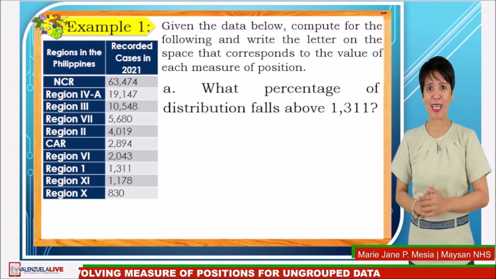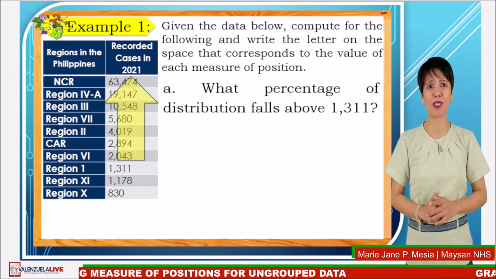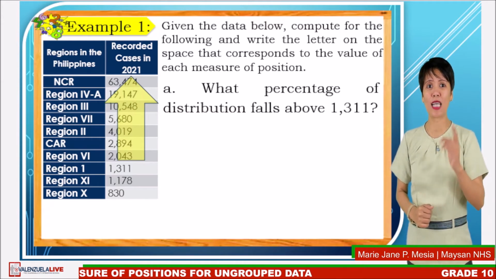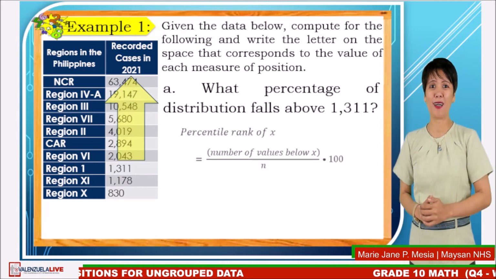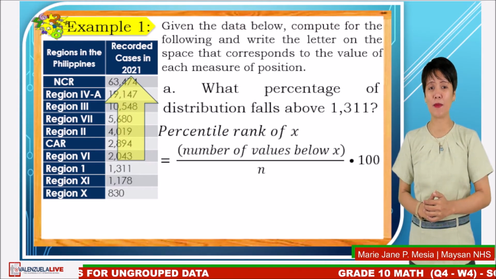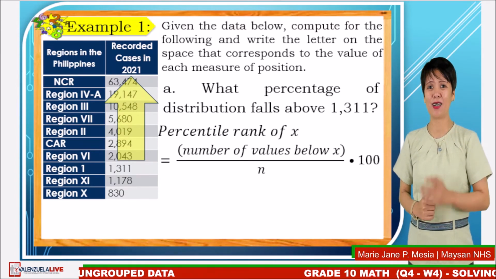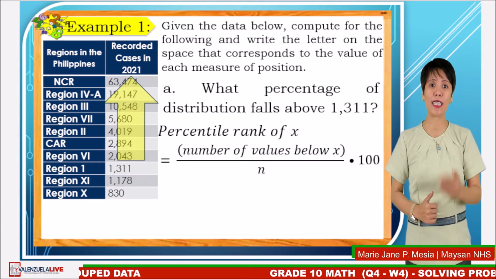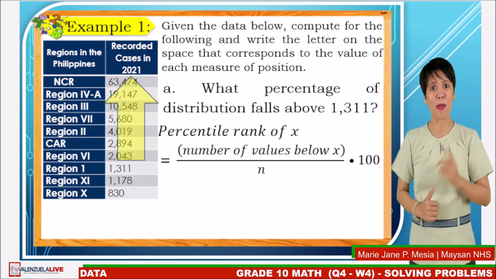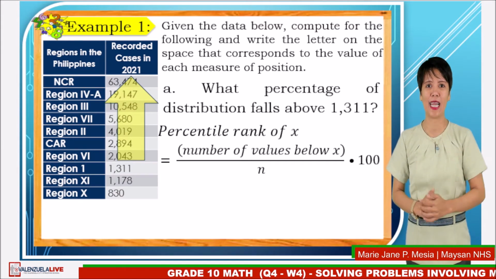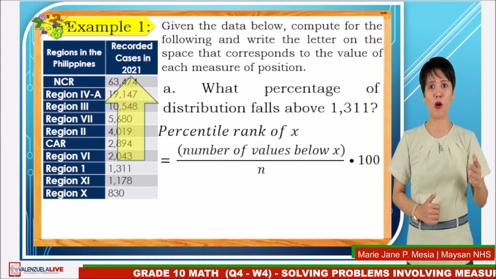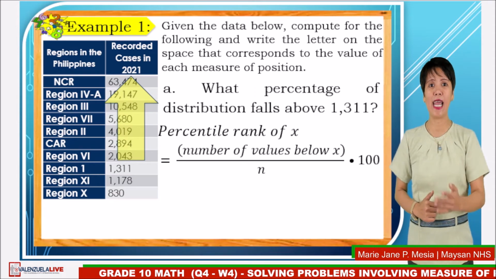So the answer is, there are 7 out of 10 regions that fall above 1,311. Using percentile rank for ungrouped data, percentile rank of X is equal to the number of values below X divided by N times 100, where the number of values below X is 7 and N is 10.